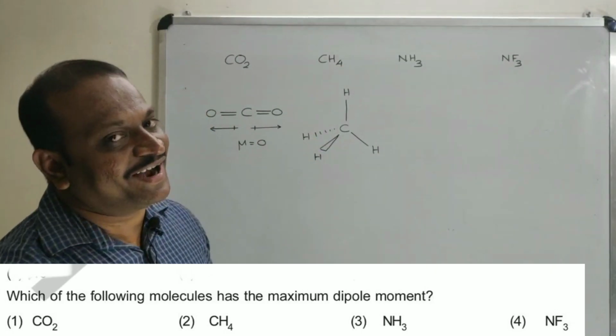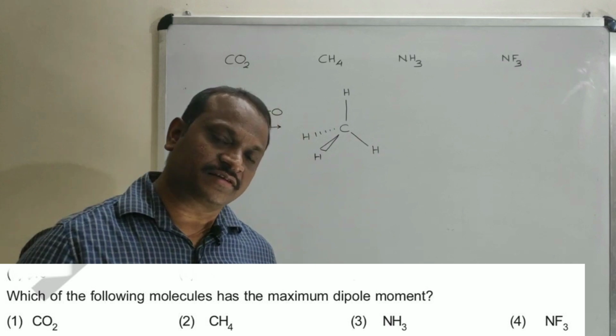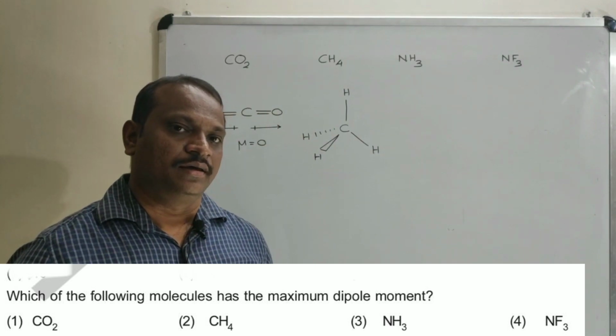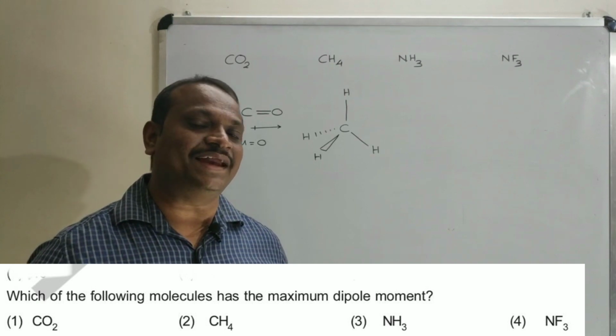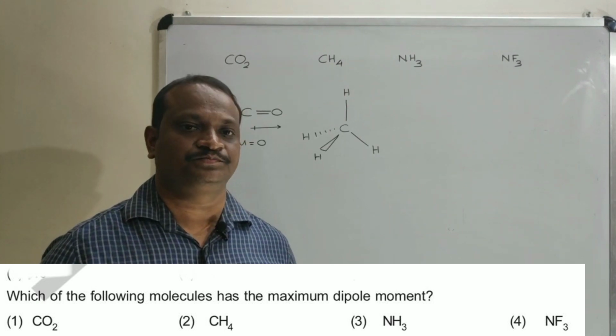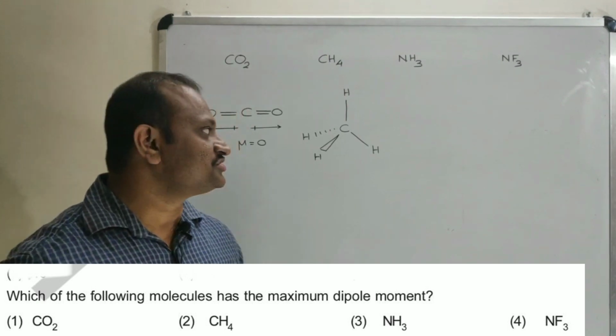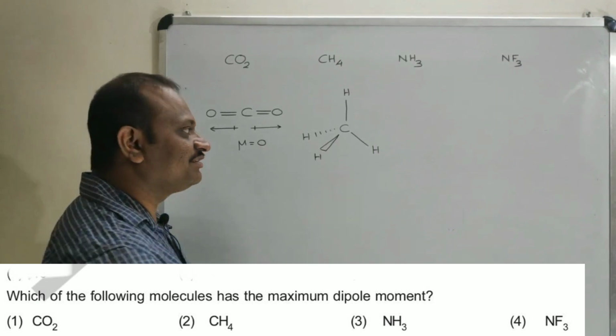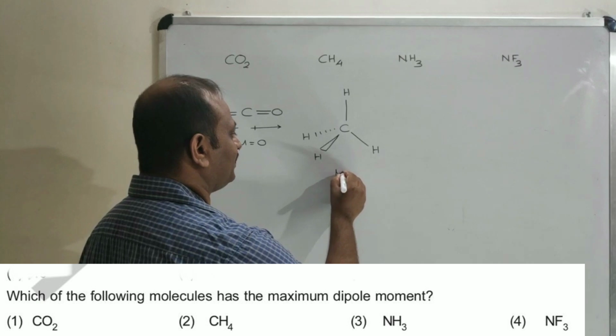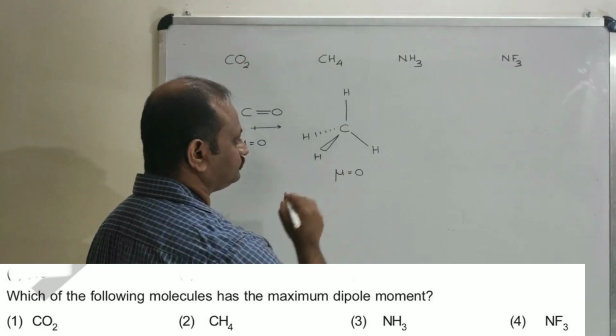You know tetrahedral means one of the most symmetric structures. Here all the bonds are equidistant and they are maintaining equal angles. All the bonds are CH bonds, so they will cancel each other and the net dipole moment in this case will be 0.